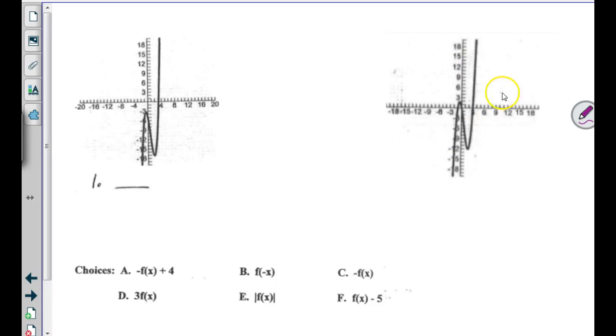So this was the parent over here. This is our f of x, okay? What happened to it to become graph number 1? In words, tell me what happened. This is the parent.